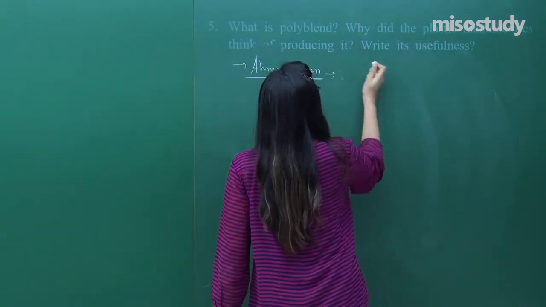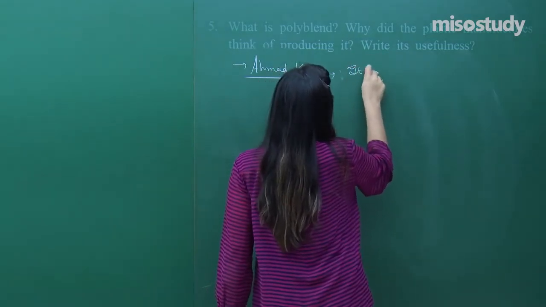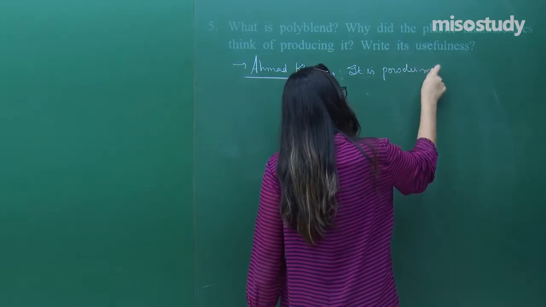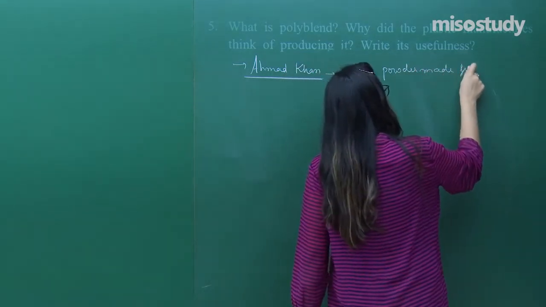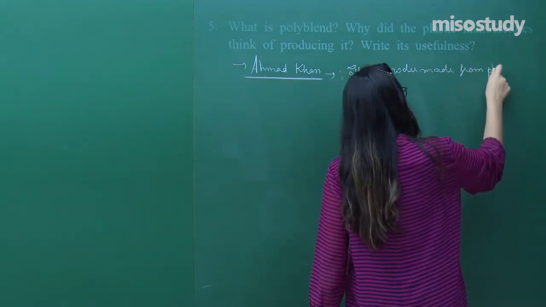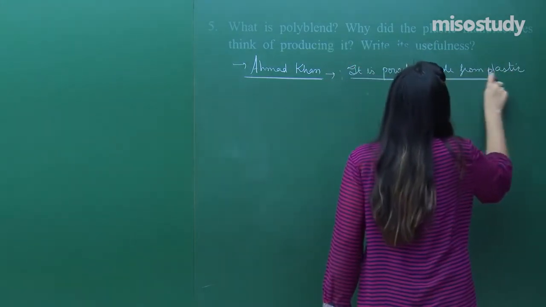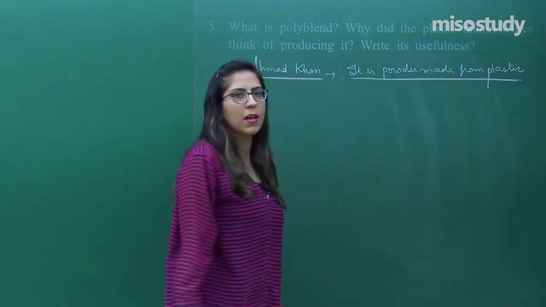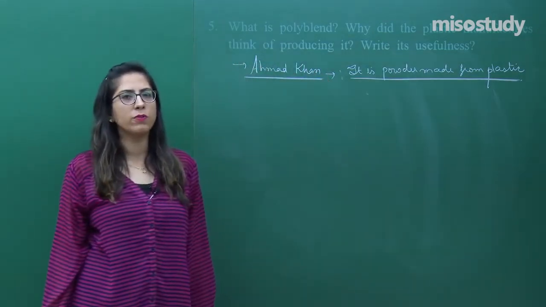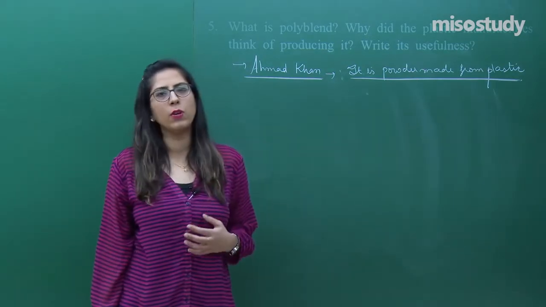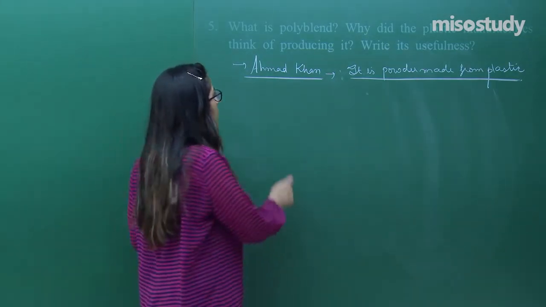It is a powder made by processing plastic, a special kind of plastic, because we know these plastics are non-biodegradable. So a poly blend, a powder, is made.